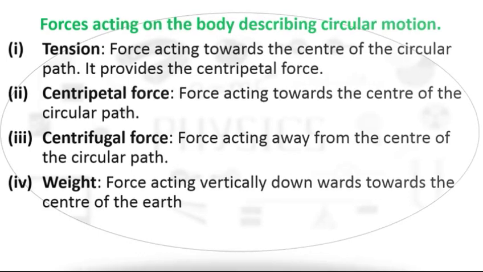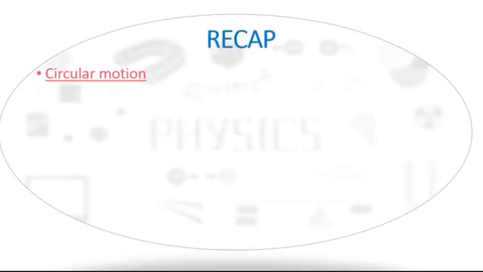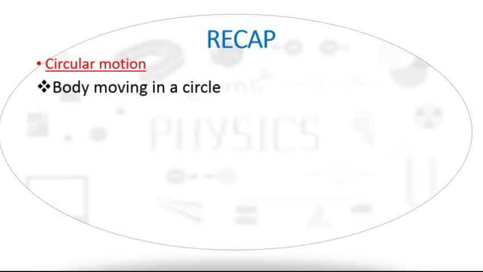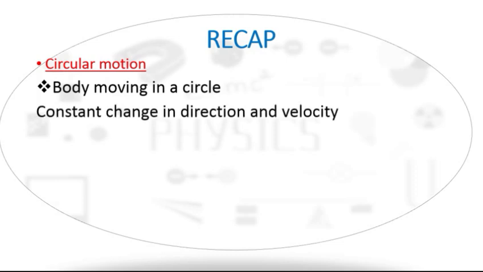So in summary, we have said that a body which moves in a circle, we shall be calling that kind of motion a circular motion. Then it is always changing direction, and the velocity will always keep on changing because it is in a circle. It will have a force that pulls it towards the center, known as centripetal.